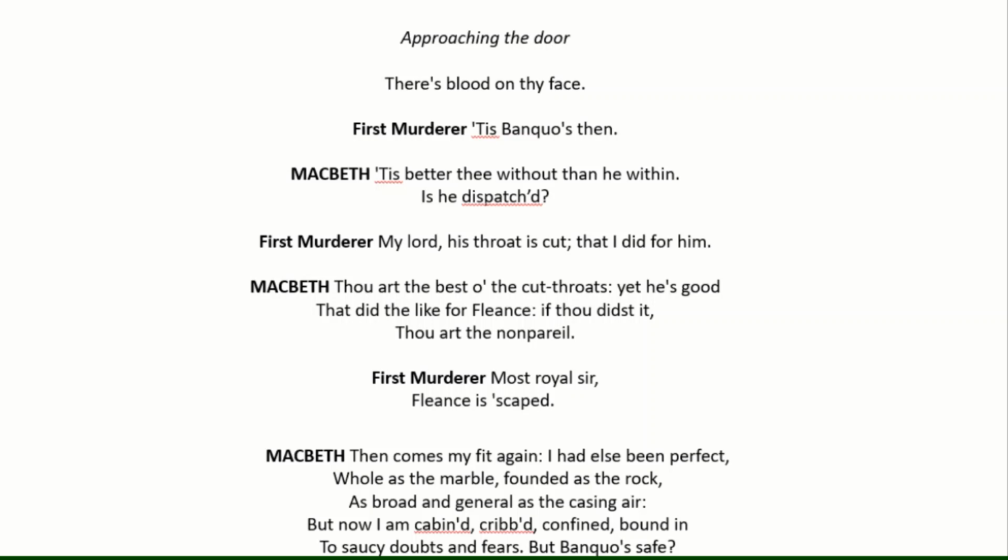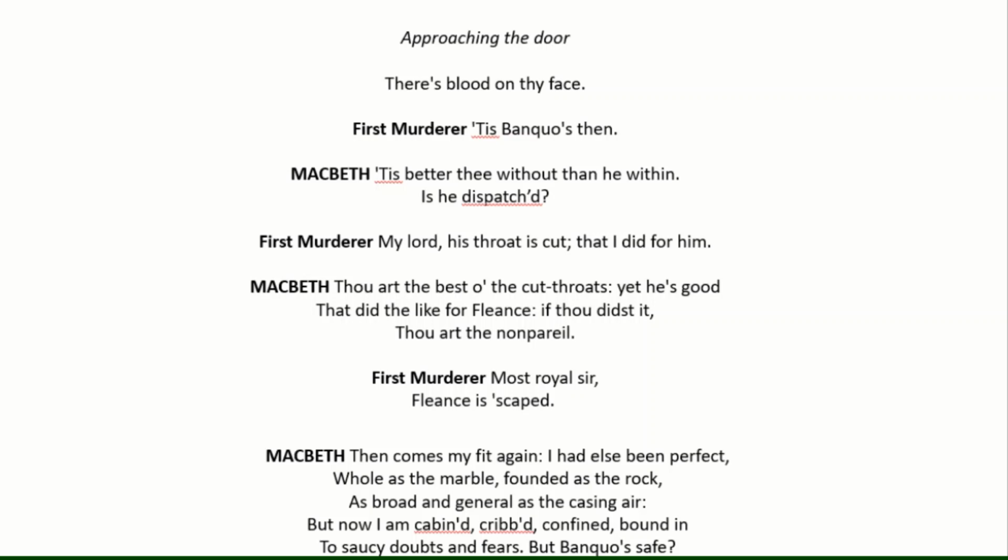But Banquo's safe. So Macbeth identifies that the murderer has blood on his face, and the murderer reveals that it is Banquo's. And Macbeth gruesomely here says he'd rather it be splattered on the face of the murderer than flowing through his veins. He asks, "Is Banquo dead?"